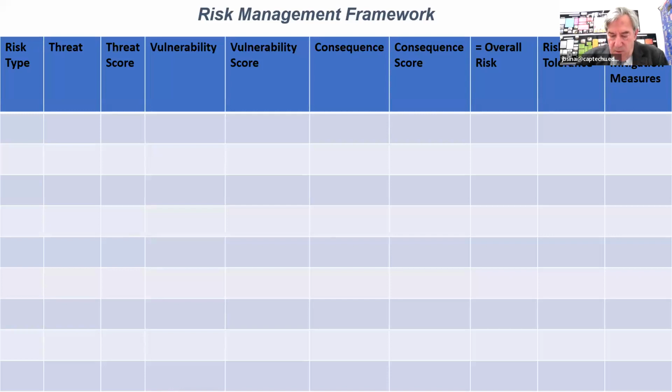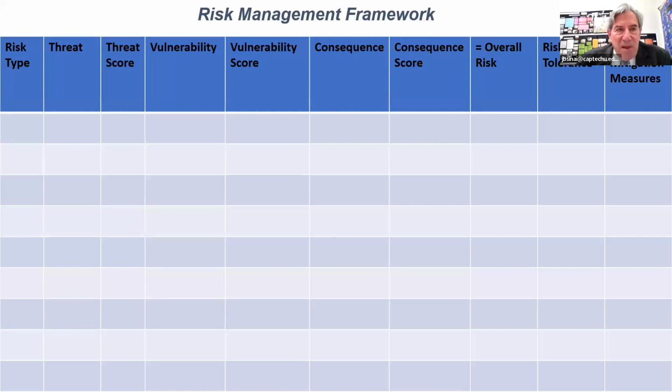This is an illustrative worksheet to map a risk management framework per risk category. So in the first column, you would enter information about the risk type that you were concerned about, such as terrorism or pandemics or climate change or disinformation.